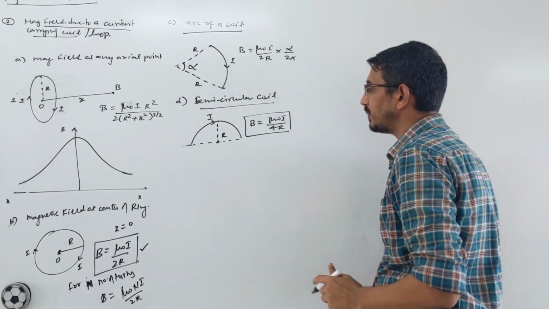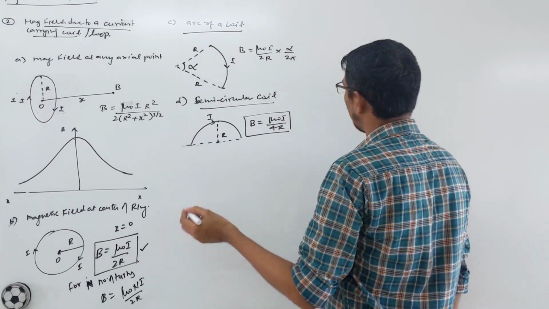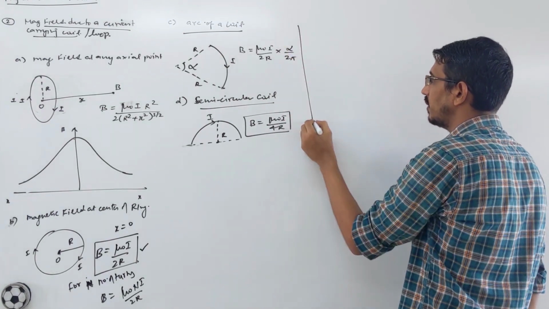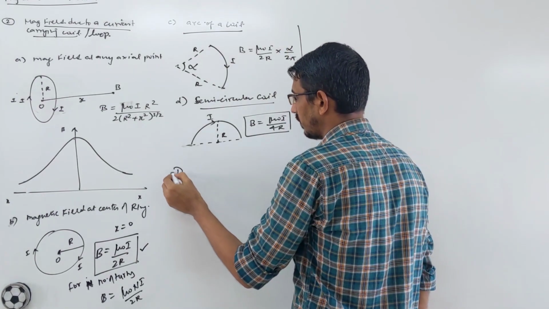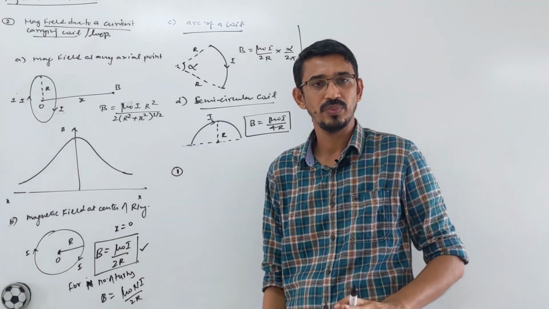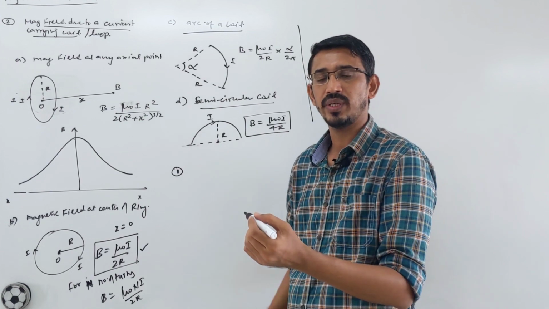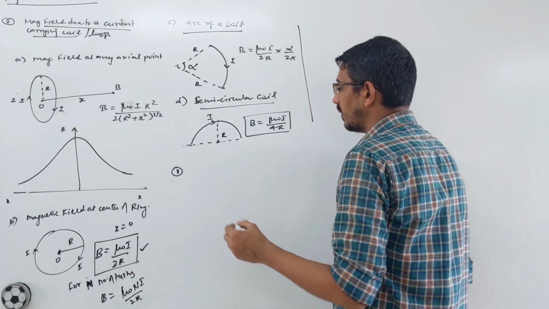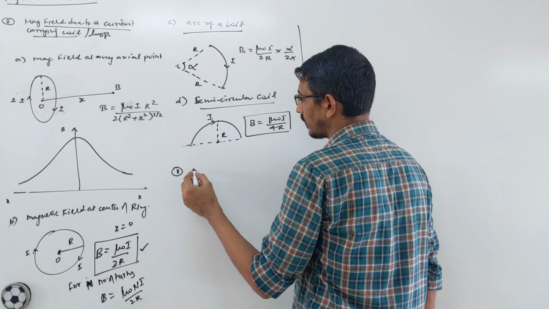Now I discuss one or two special questions. Look here, one very important. Suppose you have some symmetrical loop, and current is entering at some point and leaving from another point. Let's write the words also.